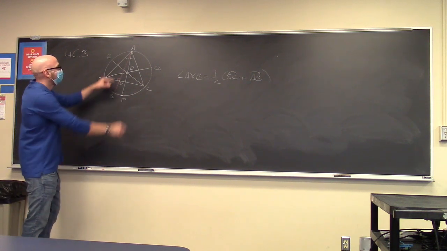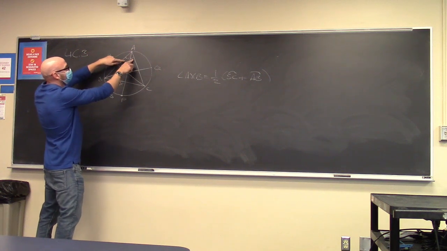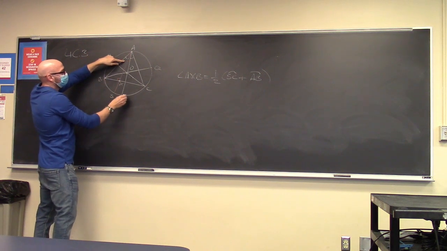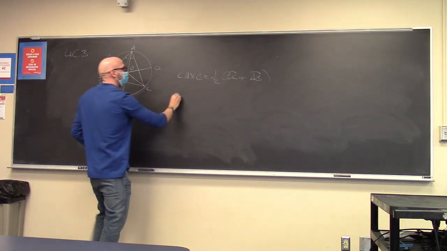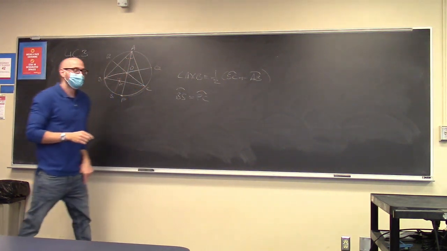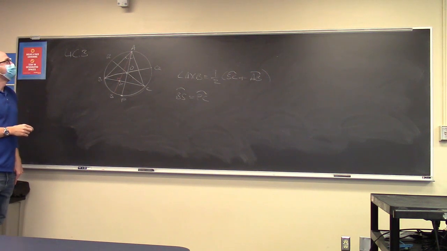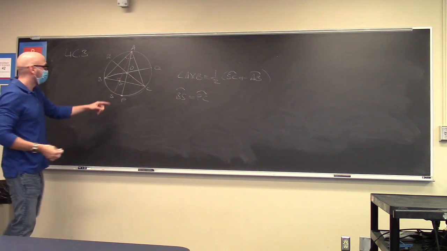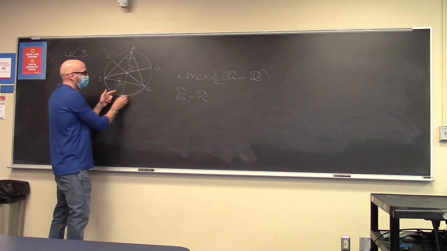For example, because these two angles are the same, I know BS must be the same as PC. All right, what else can you do? You can say other things like, okay, PC.